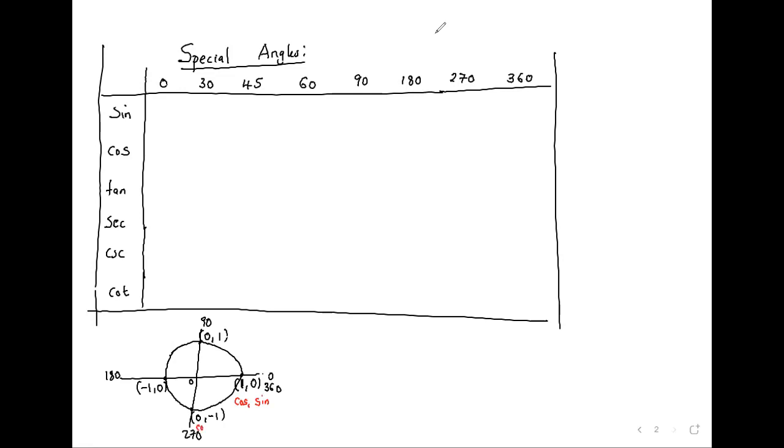So we have cos, sine, cos, sine. Now let's get to the table.